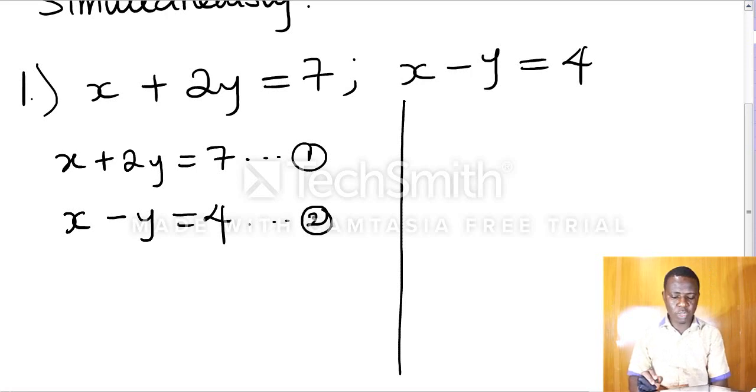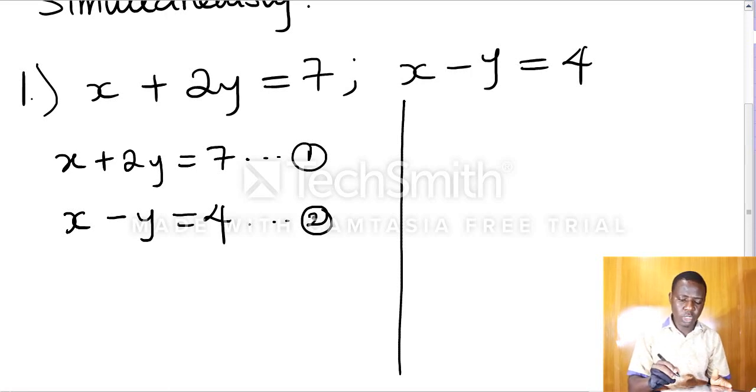Using the elimination method, I said we are going to eliminate that which is common. So we have x and y as the variable terms. But in the elimination method, for you to be able to eliminate one, you must ensure that the coefficient of either x or y in both equation 1 and equation 2 are the same.